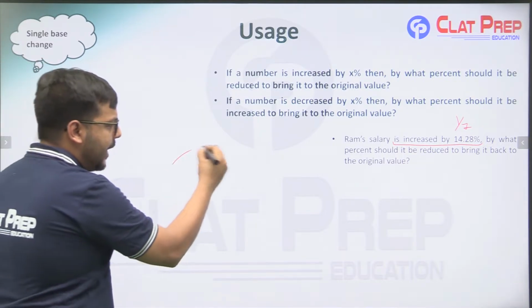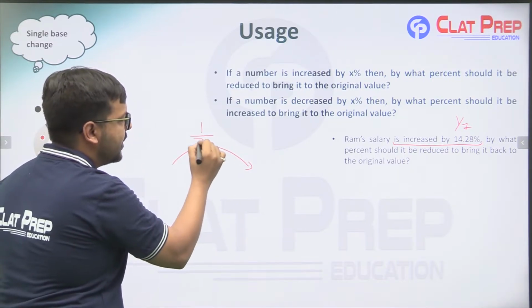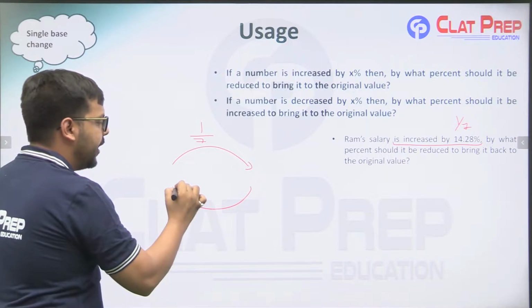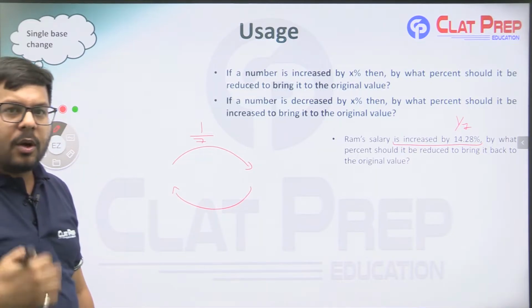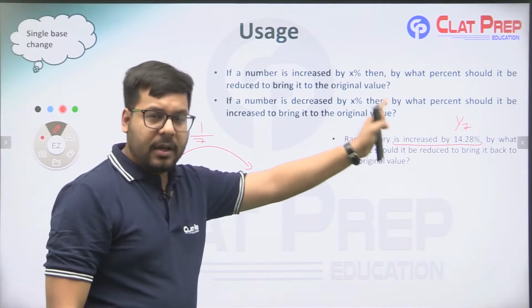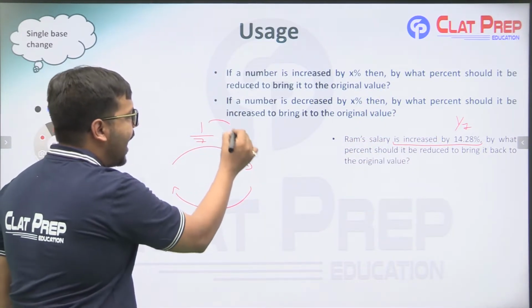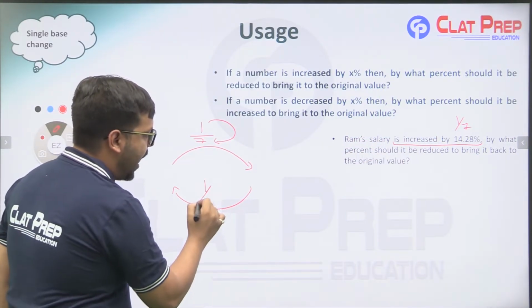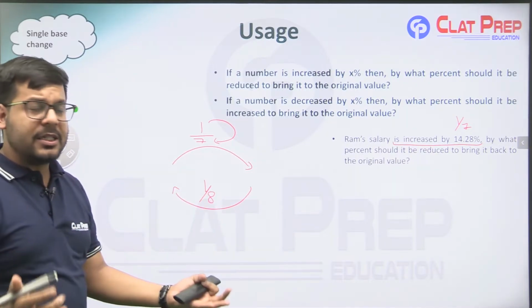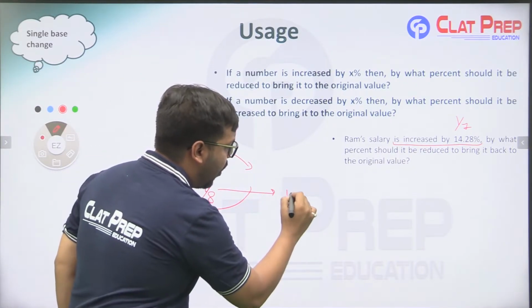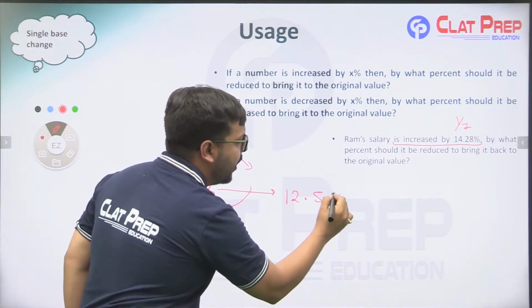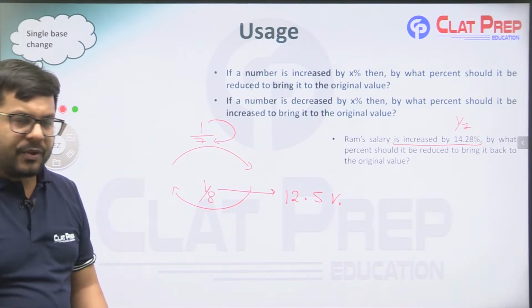So the question is saying that if it is increased by 1 by 7, by what percent should it be reduced to bring it back to the original value? Now what we just discussed, in case of increase, when the question says it is increased by a certain percent, we add the numerator to the denominator. So my answer will be 1 by 8, which is very simple, and I hope all of us know that this is nothing but 12.5%, right?